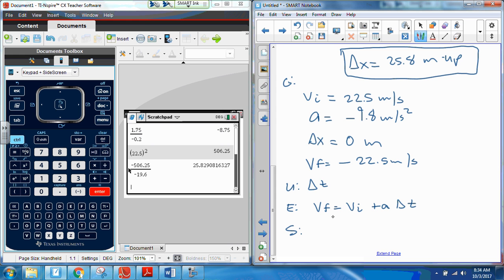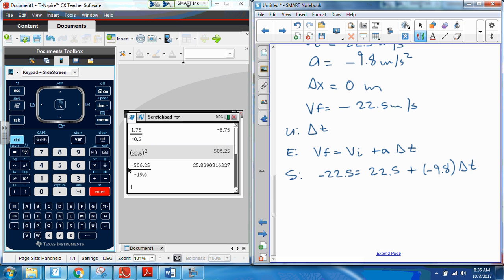We can solve. V final is negative 22.5 equals V initial, which is a positive 22.5, plus A, which is a negative 9.8, times delta T, which is our unknown. All right. So what is this 22.5 here doing to the negative 9.8 delta T? It's adding. There's an invisible plus sign here, right?